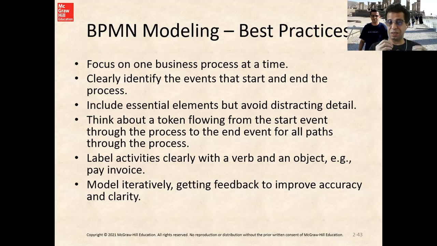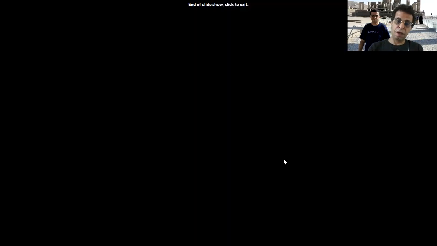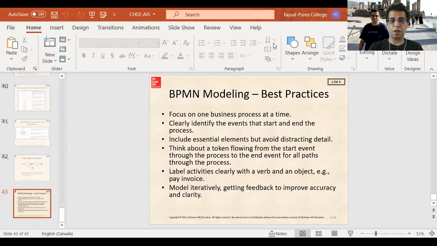Label activities clearly with a verb and an object. For example: pay invoice, collect funds, receive cash or credit card. And model iteratively, getting feedback to improve accuracy and clarity. So this is the end of the chapter.